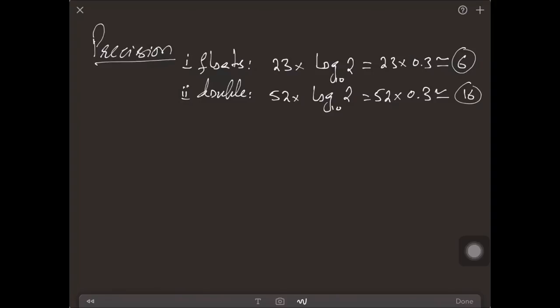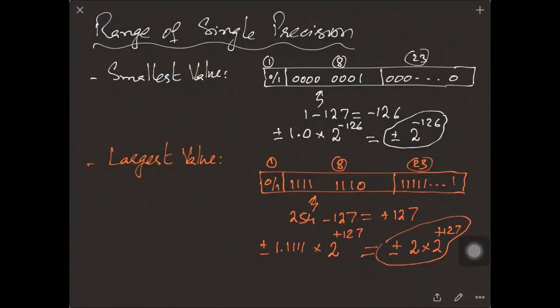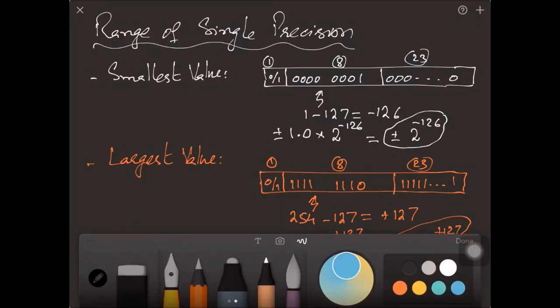Let me touch upon the concept of underflow as well. We have seen overflow. In floating point as well, overflow can occur. For example, the largest magnitude value might be rounded to infinity. The largest magnitude value is 1.1111 multiplied by 2 raised to power 128.